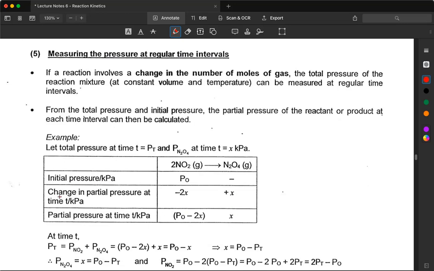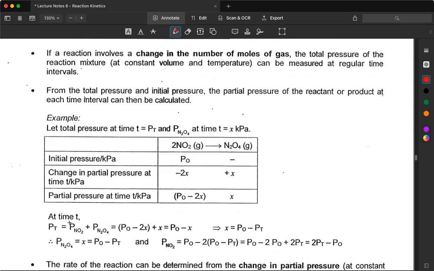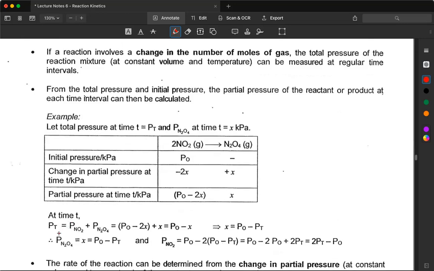Okay, this is called the ICE method, which I will teach you later in the next topic, equilibrium. So at time t, PT is equal to P NO2 plus P N2O4. So you take this plus this, you have P0 minus x.